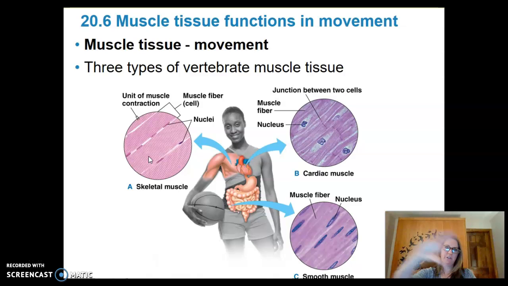Skeletal muscle has these very straight fibers, and then you see very nice perpendicular lines we call striations. Skeletal muscle always looks like this. Cardiac muscle, located within the heart, you can see is branched. Okay, and lastly, smooth muscle does not have striations and isn't branched.